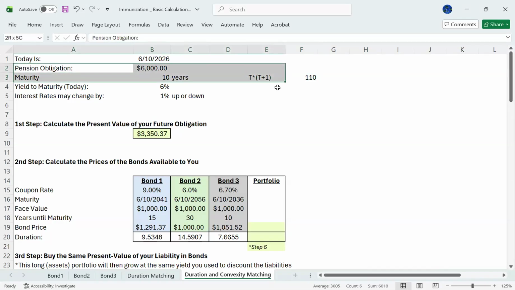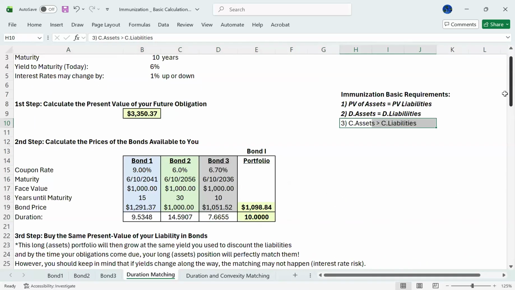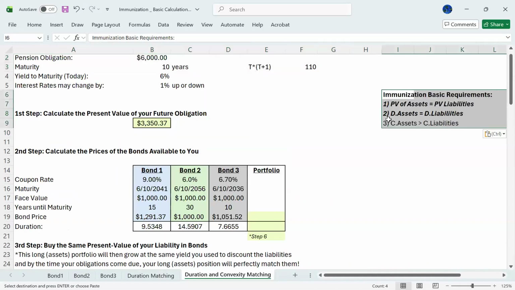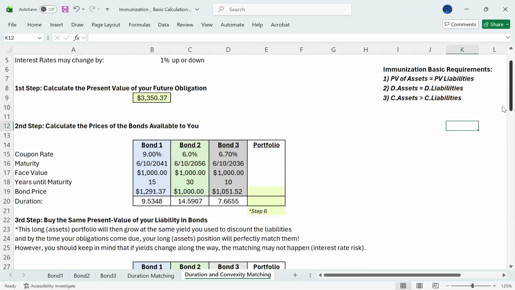So if the convexity of my liability is 110, now, the conditions for immunization are 3. We just ignored the third one. Now we are considering the third one. We also want the convexity of our assets to be equal or to be higher, ideally, to the convexity of our liabilities.